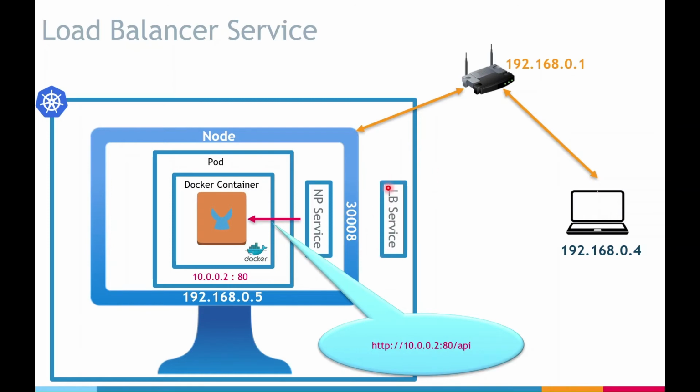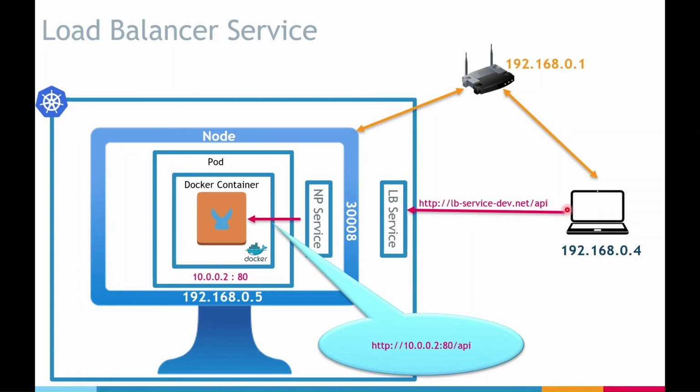So now what we have done, we have got rid of exposing this unwanted port externally. Now we can only expose port 80 or port 443 that we want. And additionally, this load balancer service can have a public IP, and that public IP can get a DNS resolved name. Okay, so now the flow becomes like this.